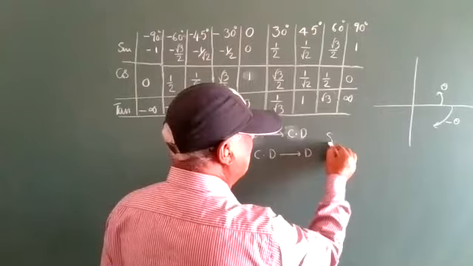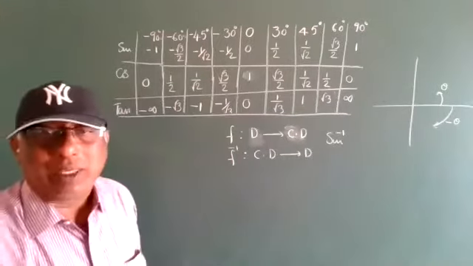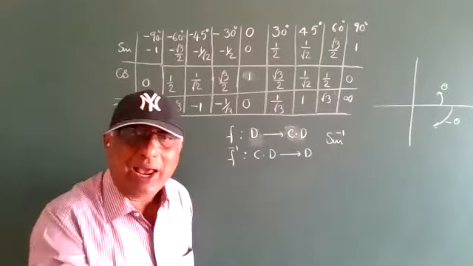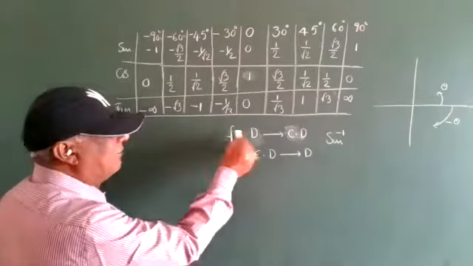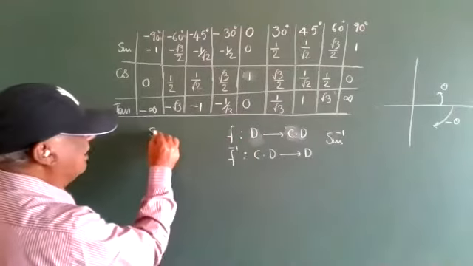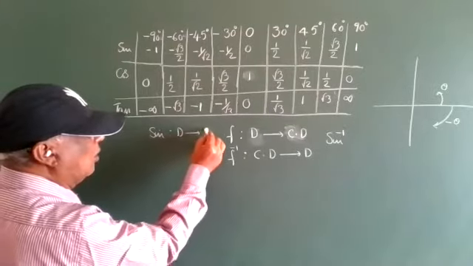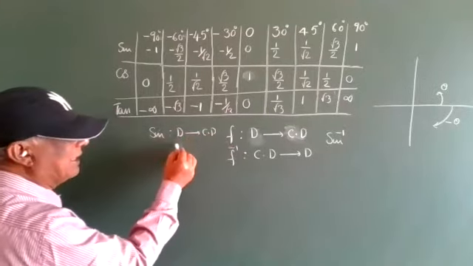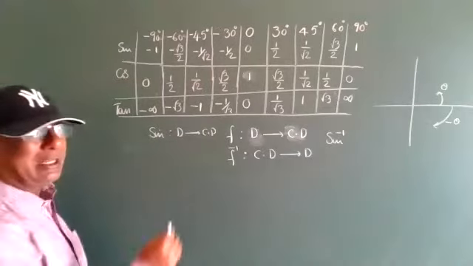Sine inverse is written as sine inverse of a value. For sine, the domain is the angle and the codomain is the values.